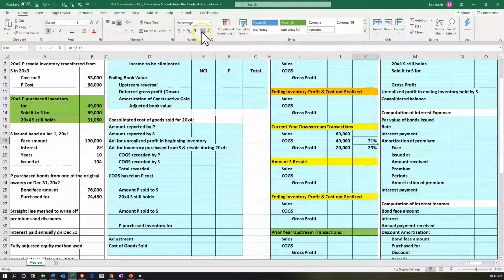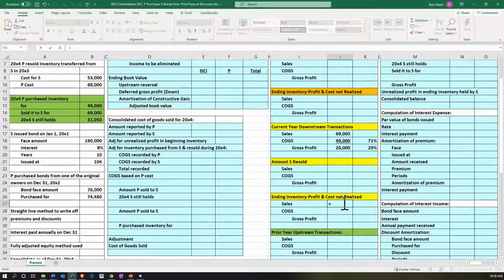Notice these are rounded numbers here, so there could be a situation where you have rounding that you'll have to deal with. That's actually something kind of an ugly number like that. So just keep in mind that you've got a rounding issue there. Then we're going to say, all right, how much is going to be left? They're still holding 31,050. So I'm going to start down here at the ending amount and say, okay, the amount that's still in ending is the 31,050.